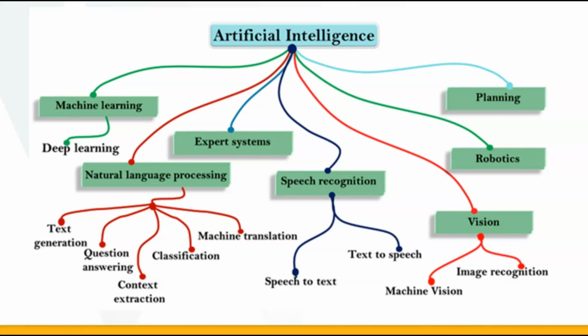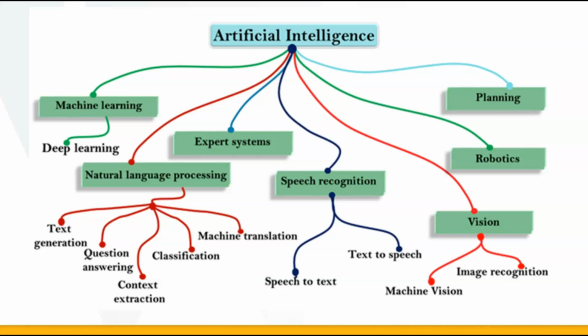This goes into a little bit more about the complexity of artificial intelligence. I included this diagram to show how complex this can be. There's a lot of processing and speech recognition.